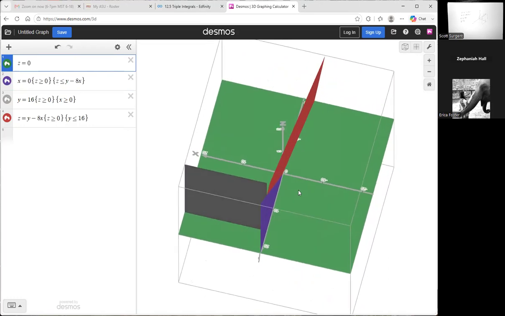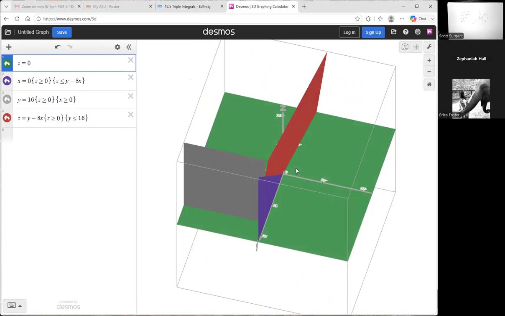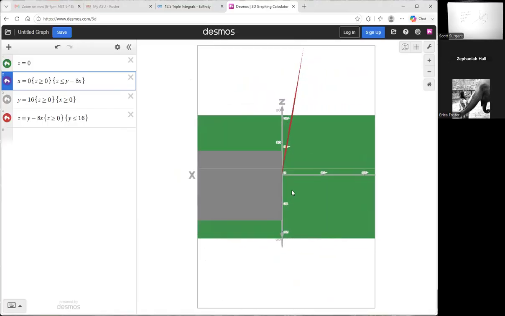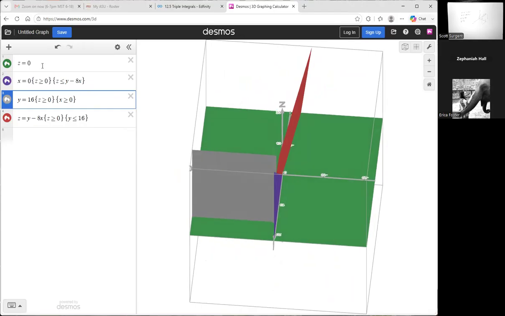Okay, it's starting to take shape. It's this sliver of the region here. You can kind of see the red outline there. It's going to be this little triangle here. Let's see if I can get that better.